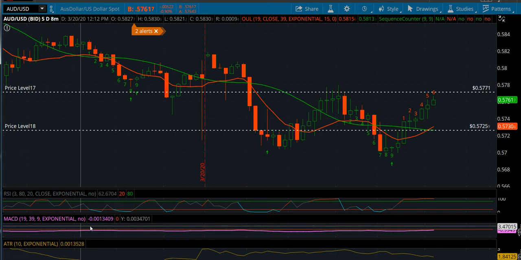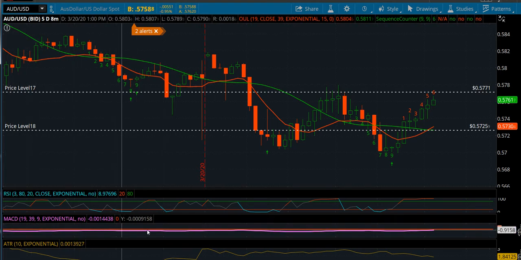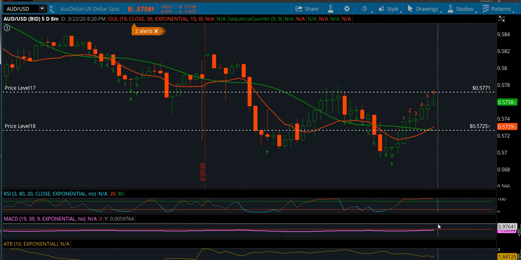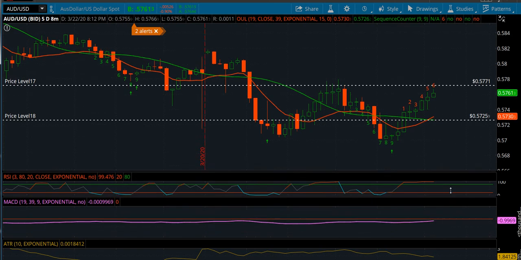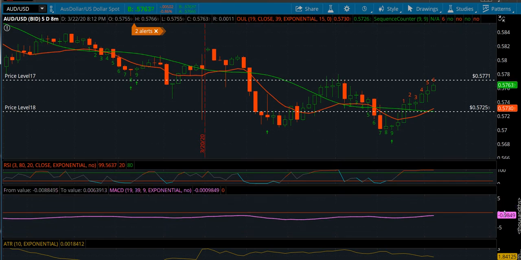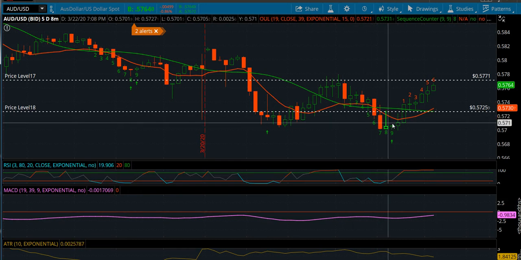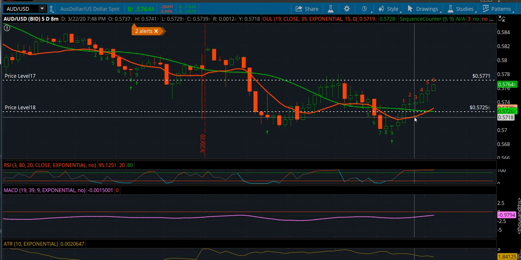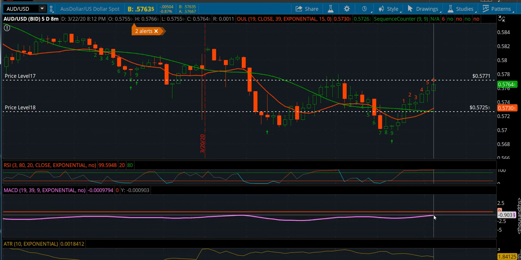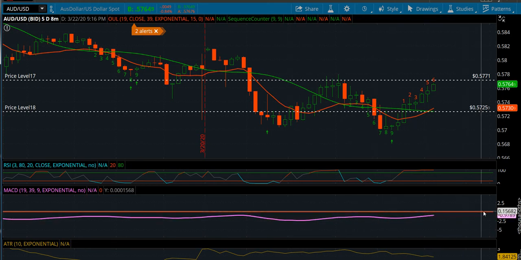I have the MACD here. Now what happens with this strategy is when the line of the MACD, this red line here, is the zero line.